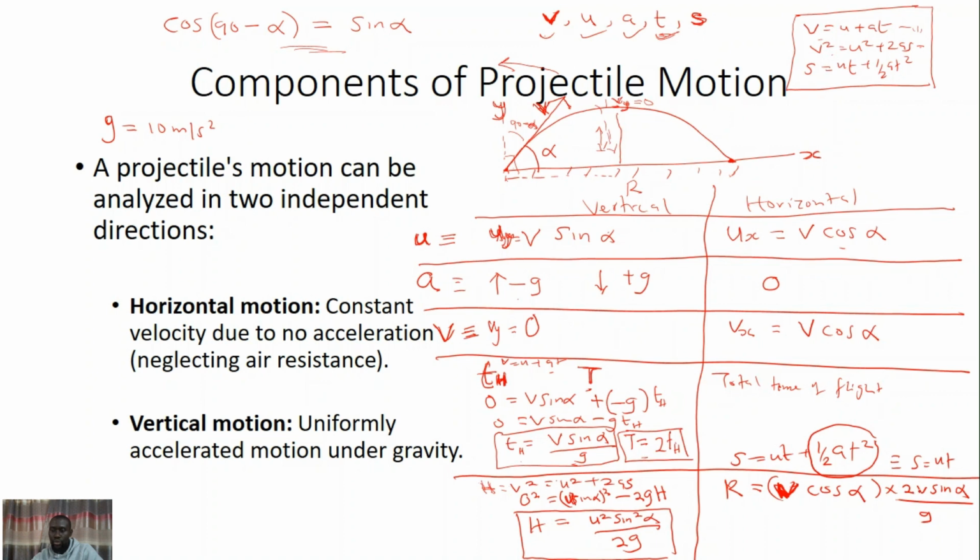That's why it becomes 2u sine alpha over g. If we evaluate this equation, the range will be equal to 2u squared cos alpha sine alpha divided by g. So this is the formula to calculate the range of the projectile motion.